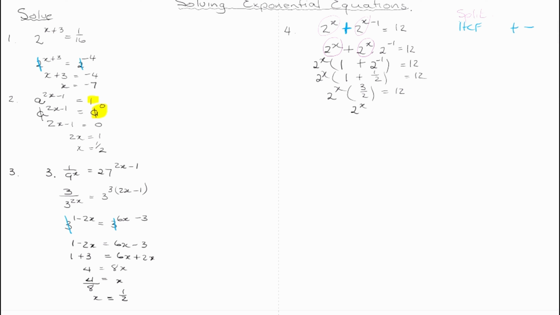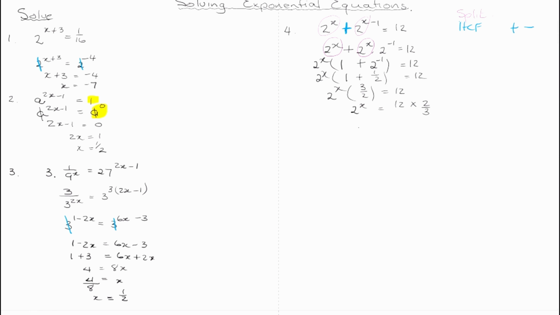2 to the x equals 12 times by, tip and times it, because here you are timesing by 3 on 2, you would divide by 3 on 2, and dividing by 3 on 2 is timesing by 2 on 3.